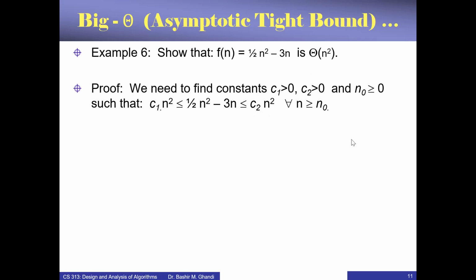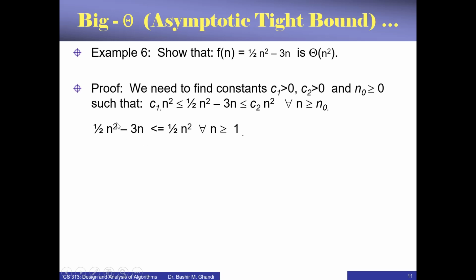Alright, now here the right side inequality is easy to show, because definitely half n squared minus 3n is less than or equal to the half n squared alone without subtracting the 3n.